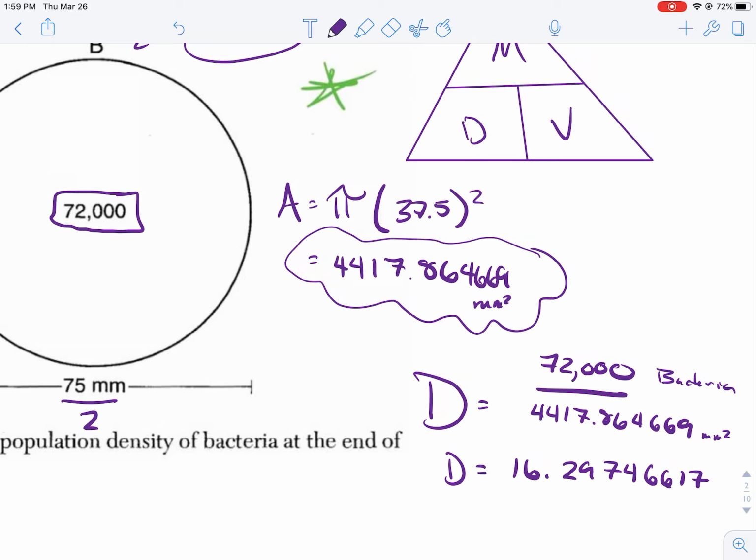We're going to round down because we can't have 0.29 of a bacteria. You either have a bacteria or you don't. So our density is 16 bacteria per millimeter squared. And that is our population density.